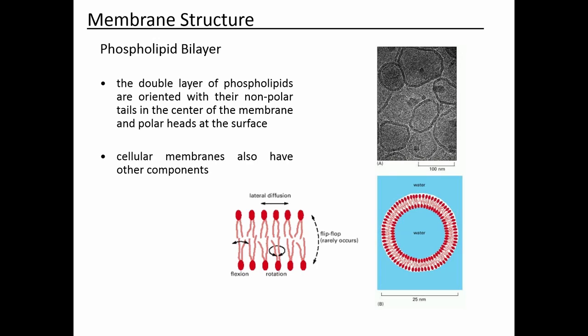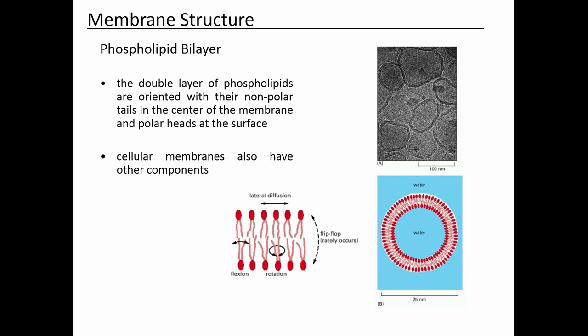The second movement that happens frequently is rotation. In rotation, a phospholipid molecule simply spins in place. So if I was a phospholipid molecule and my head was the hydrophilic part and my two feet were the hydrophobic part, then if I just spin in place like this, that's what phospholipid molecules can do within the plane of the membrane. They can spin on their axis. So that's another one that frequently happens.